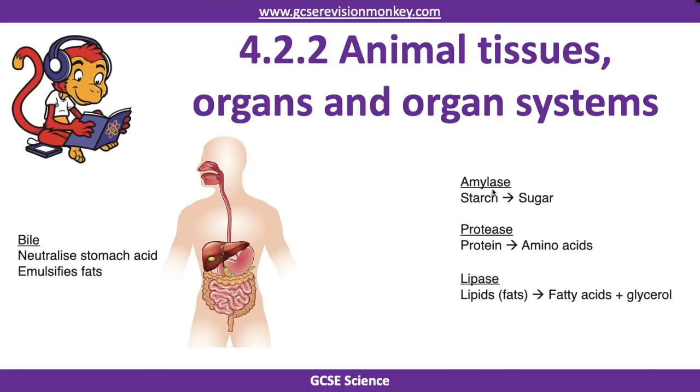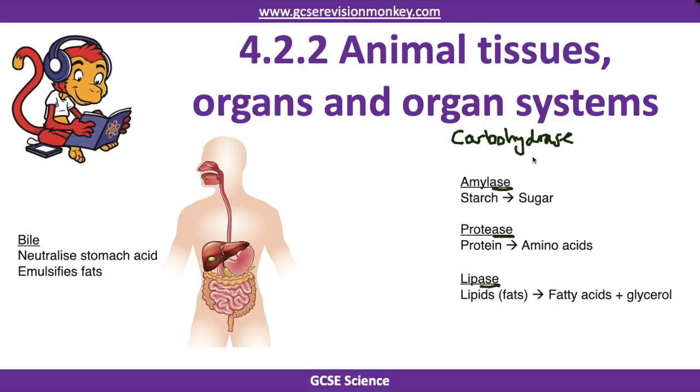All enzymes end in ase, so if it's got an ase on the end, that's an enzyme. The three main ones that we're going to discuss are amylase, protease and lipase. Proteases and lipases are groups of enzymes, and amylase is a particular enzyme which belongs to the group carbohydrases.